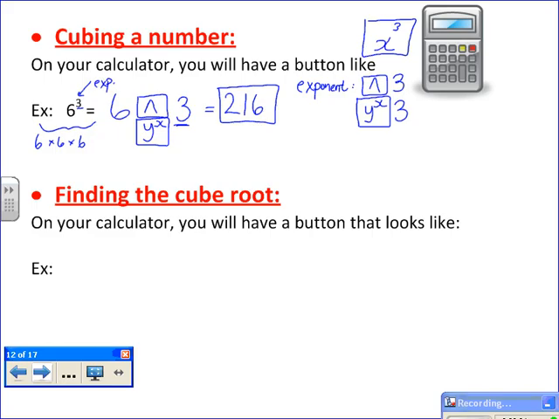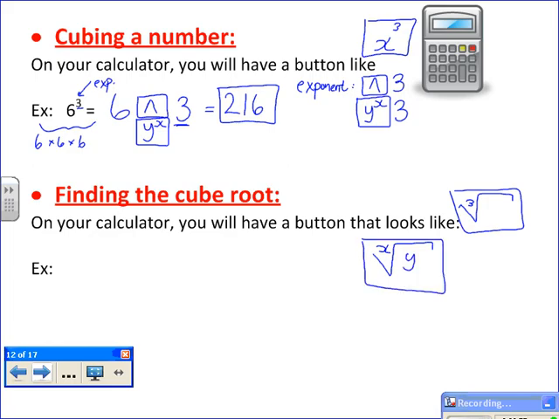Finding the cube root on your calculator, most people don't have a cube root button, but if you do, that's great. That's just like your square root button, except you'll see a little 3 in the index. If you have that button, you can immediately use it to take the cube root of any number. But most people will have a button that looks like this, an x to the y.